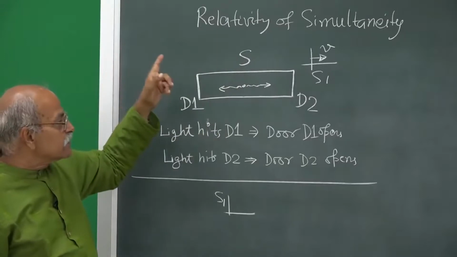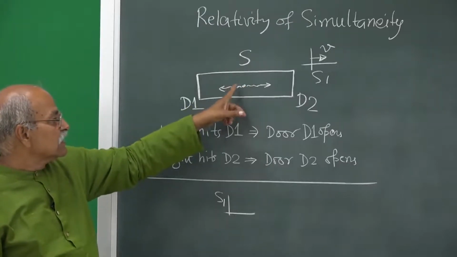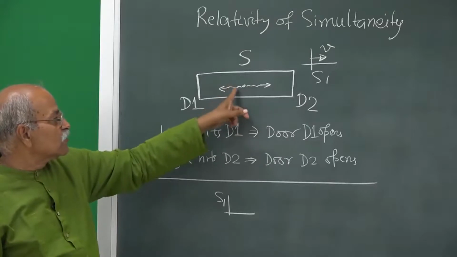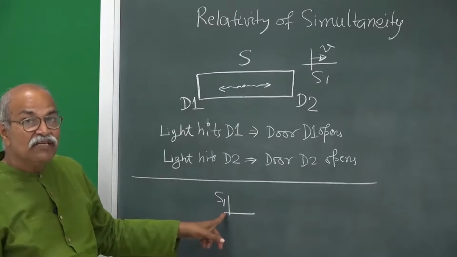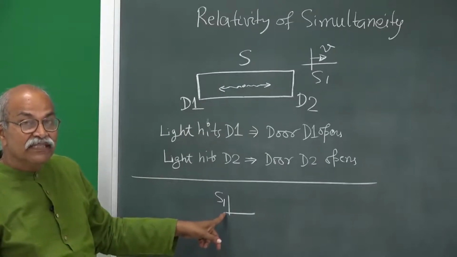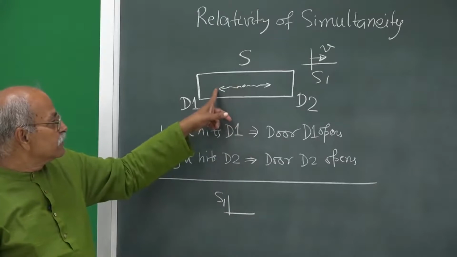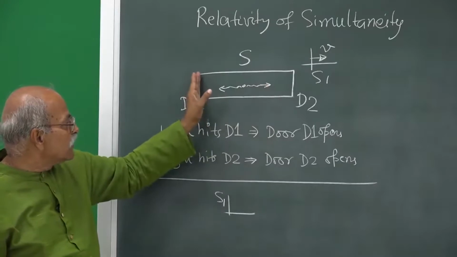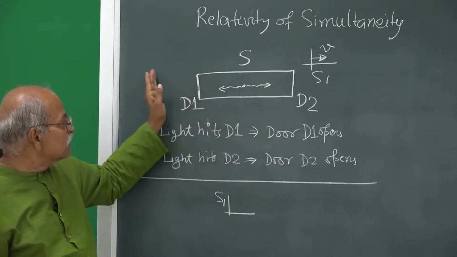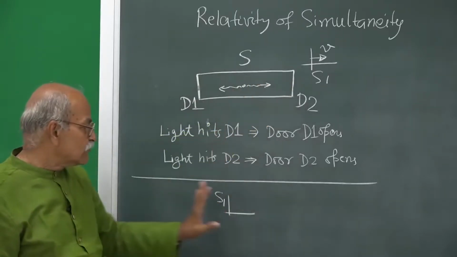So, at a certain instant the source was put on and it emitted 2 light beams. Light pulses are going in frame S1 also at a speed c, because the speed of light in vacuum is same in all inertial frames. So, this light is going with speed c, this light is going with a speed c, this door D1 is going towards left with velocity v, D2 going left with velocity v. That is the scenario from here.